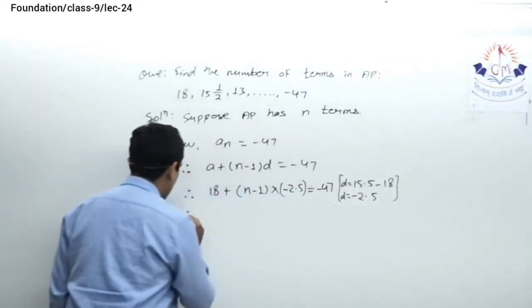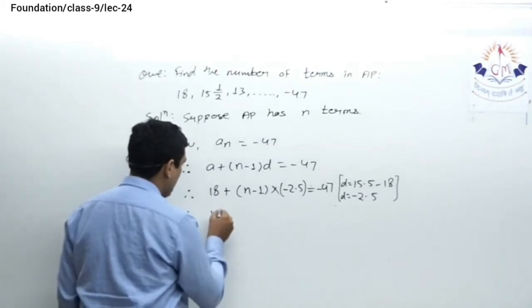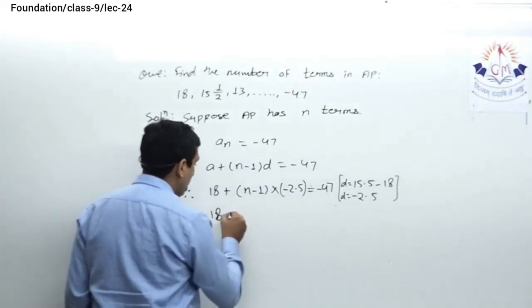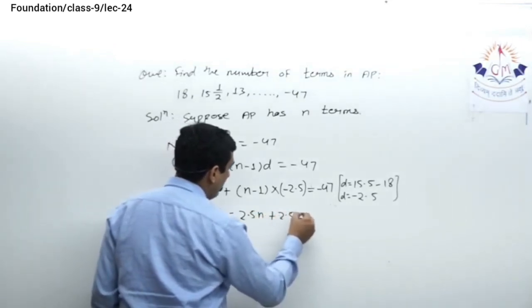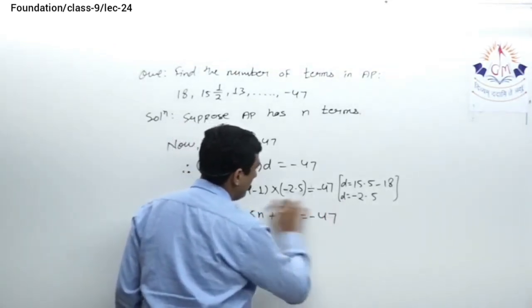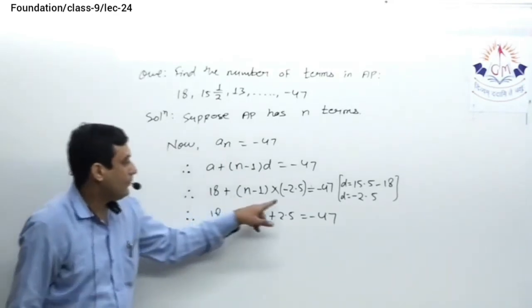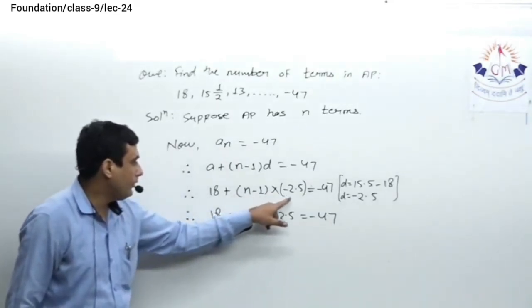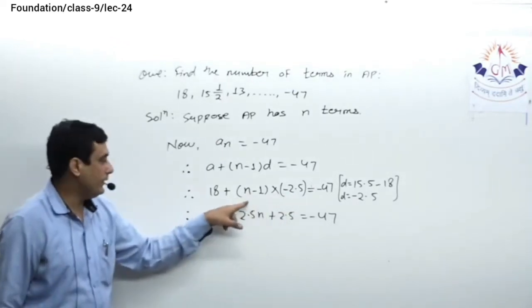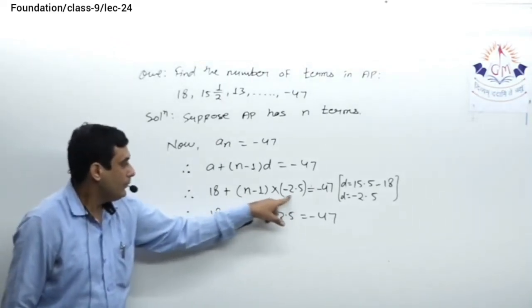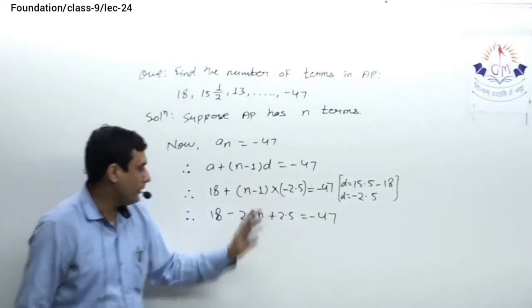Now if I solve it further, this will become 18 minus 2.5 N plus 2.5 is equal to minus 47. D is minus 2.5, I just kept the value of D, and over here is multiplication. So minus 2.5 into N is minus 2.5 N, and minus 2.5 into minus 1 is plus 2.5.